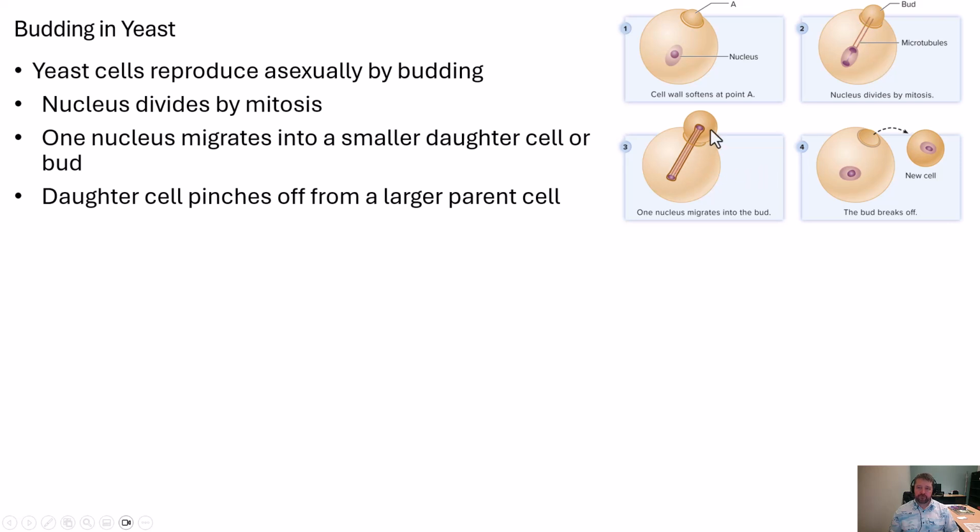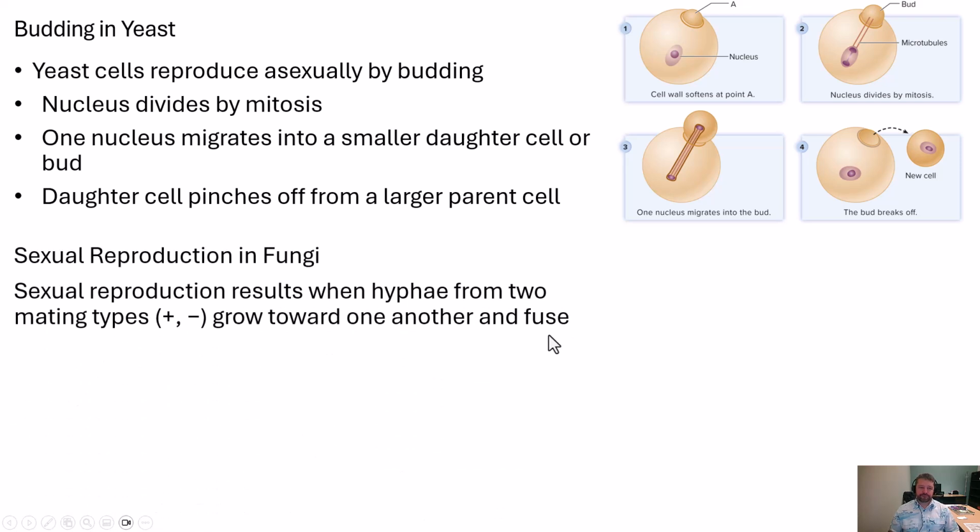And when the nucleus gets into the new bud, then that pinches off, the bud breaks off, and you have what we typically call a parent cell and a smaller daughter cell. And this is just another way in which these organisms can go through asexual reproduction.